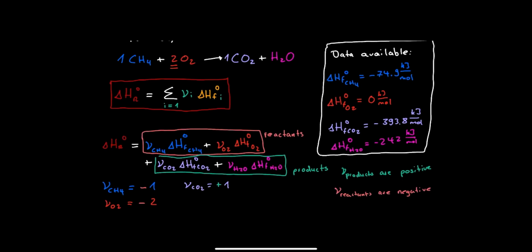For the stoichiometric coefficient of water, we have 1 water only, and because it's a product, it's going to be +1. Again, on this side of the reaction we have our products, and on the left side we have our reactants.